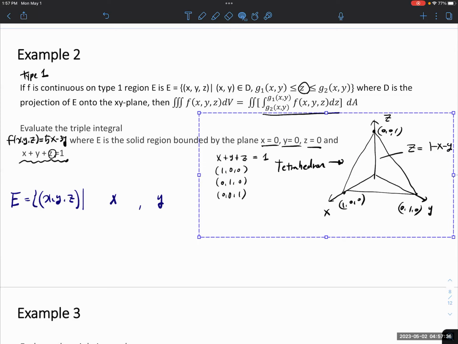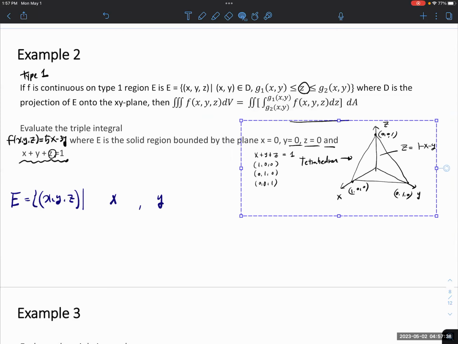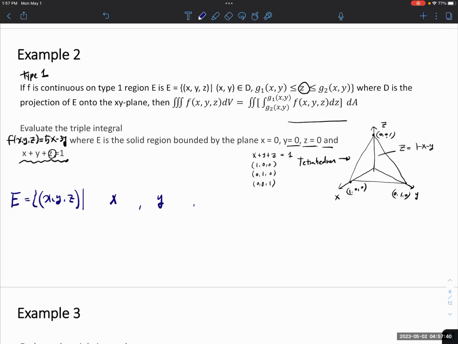So let me just get rid of this. z is something we need to define first. So what is going on? First of all, z is given, right? Depending on x and y changing, z is also going to be changing.